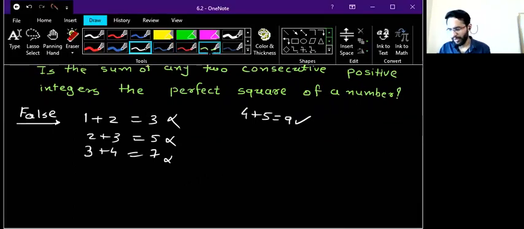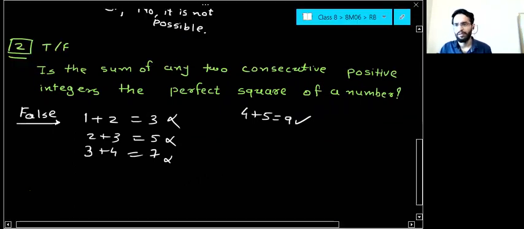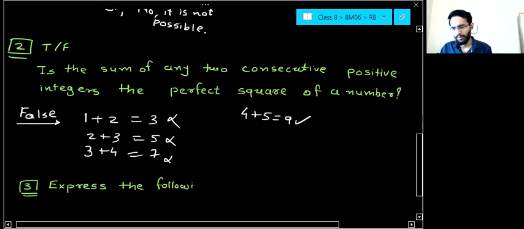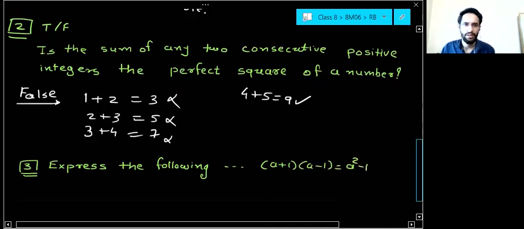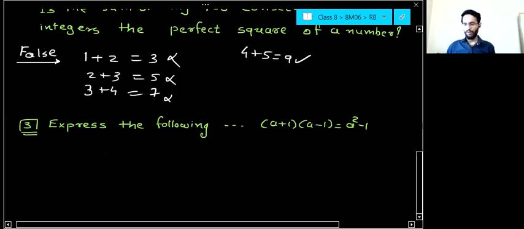Now question number 3. Express the following in the form of (a plus 1) into (a minus 1) equal to a square minus 1.